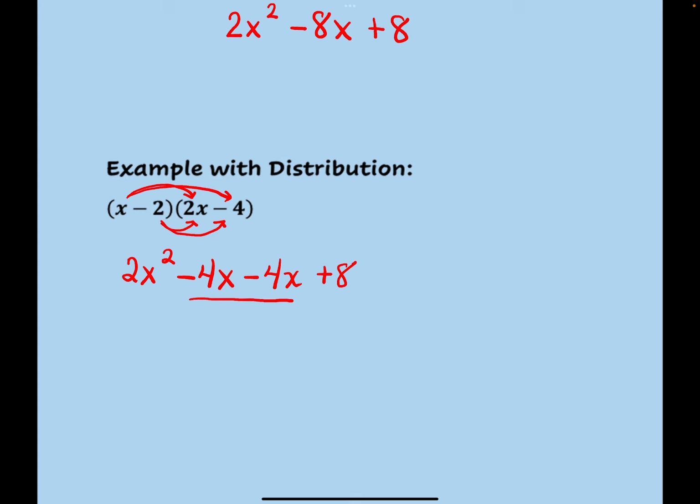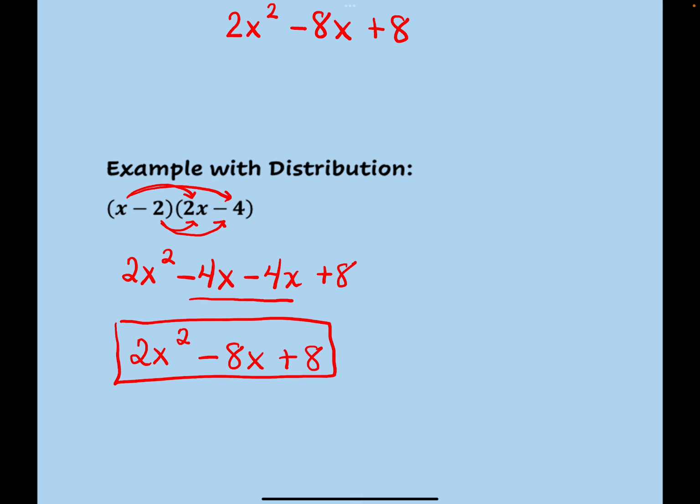Again, here's my 2 terms that were like terms. So I will have 2x squared minus 8x plus 8. Essentially, these are the same thing. It's just that their appearance initially looks a little different.